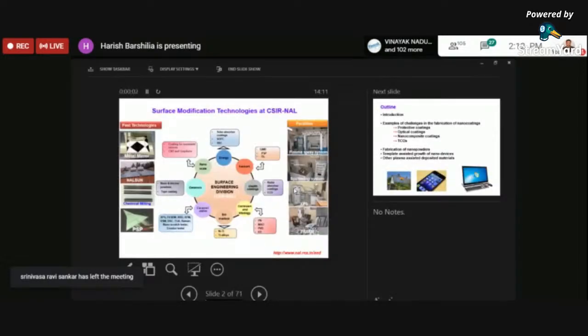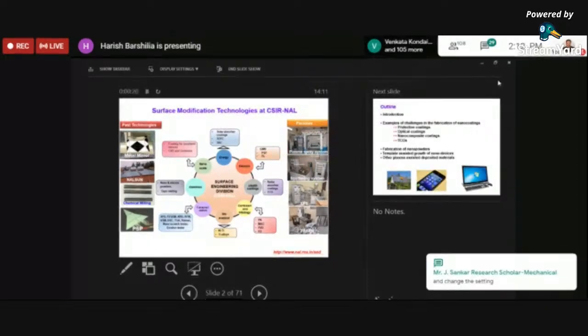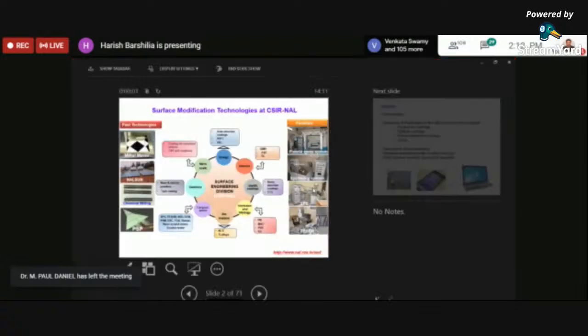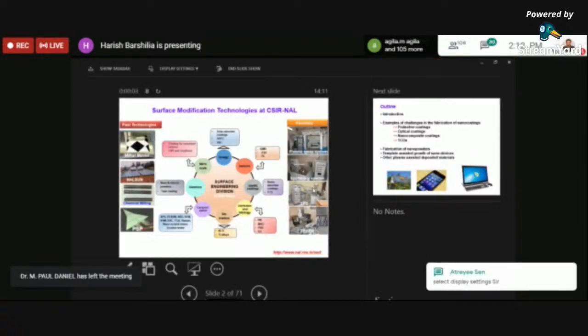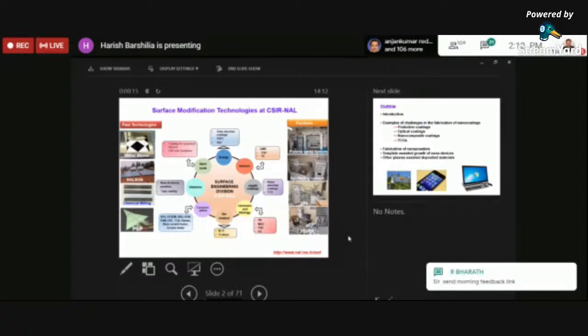Right side, close the next slide at the top. It has gone back to the old view again. I'll call my IT guy. Just one minute, please.